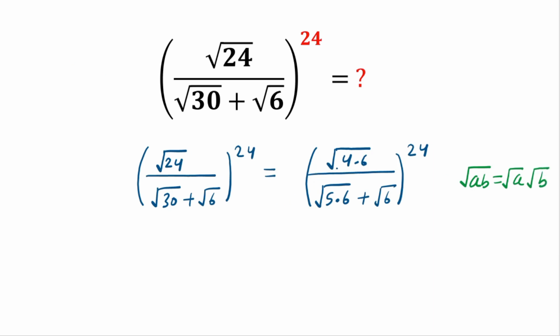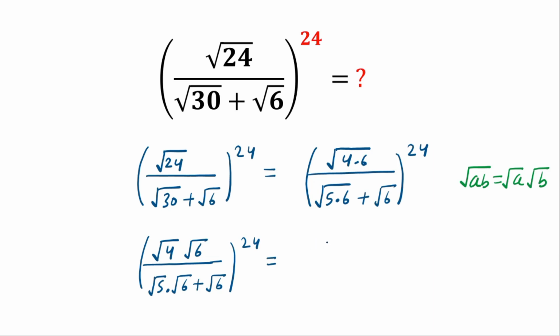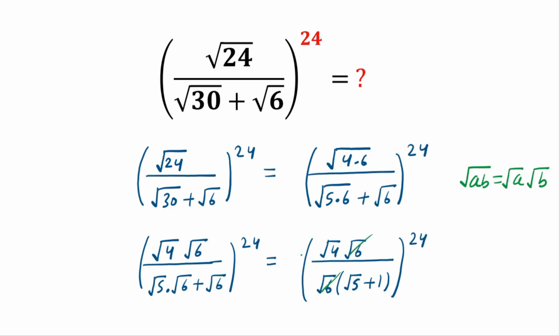If we apply this rule, then this numerator part is square root of 4 times square root of 6 and divide by square root of 5 times square root of 6 plus square root of 6 bracket power 24, and this is equals to, in numerator, square root of 4 times square root of 6 divide by, in denominator part if we take common square root of 6, then inside the bracket here square root of 5 plus 1 bracket power 24, and here this square root of 6 and this square root of 6 is cancelled out.